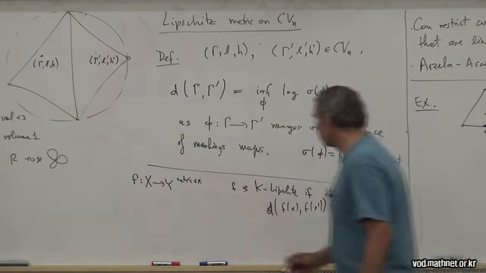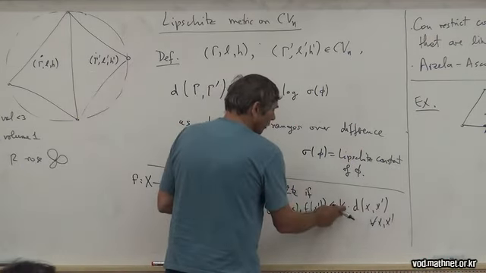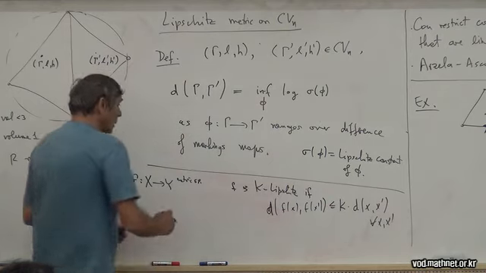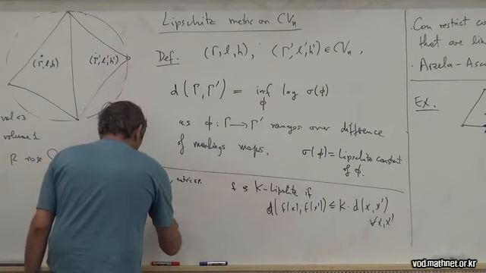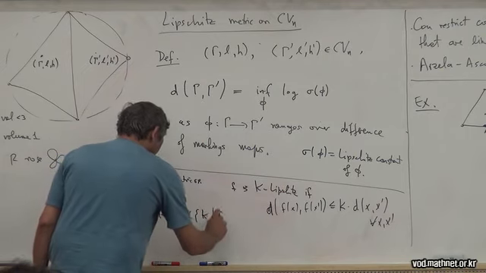So the distances get stretched by at most this factor. And the Lipschitz constant, sigma of phi, is the infimum of k's so that f is k-Lipschitz.